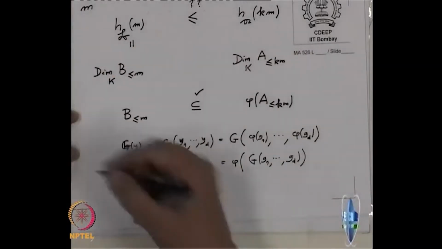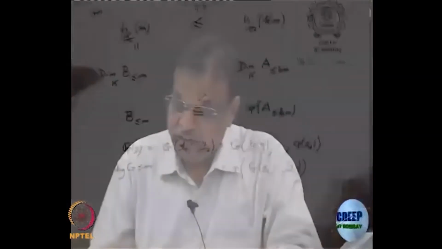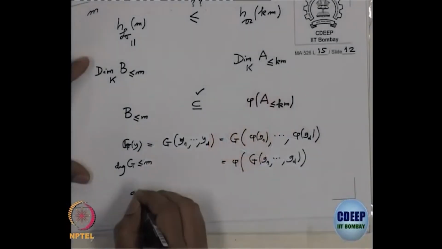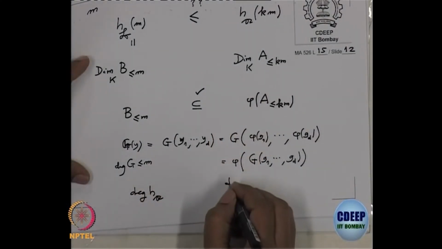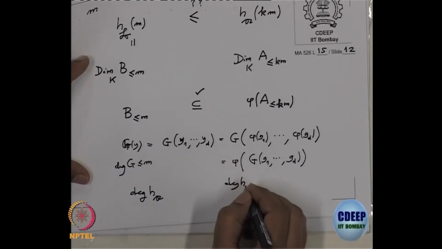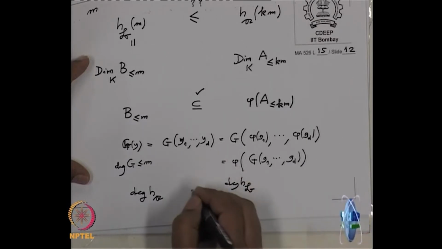So, therefore, we are done. Altogether, what we have proved is that the degree of HA and the degree of HB are the same.